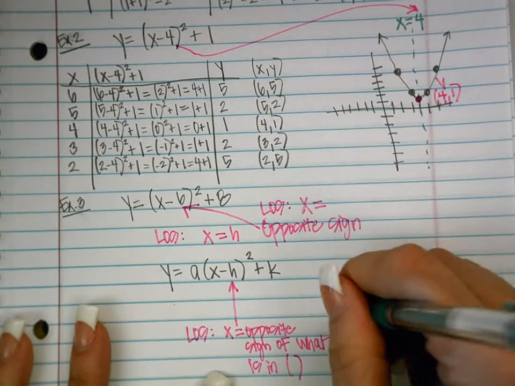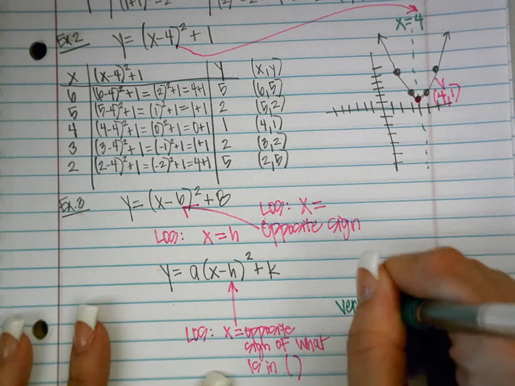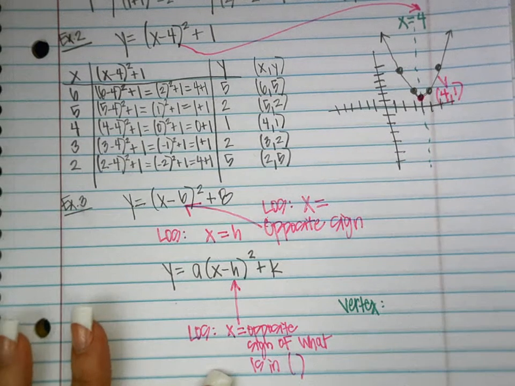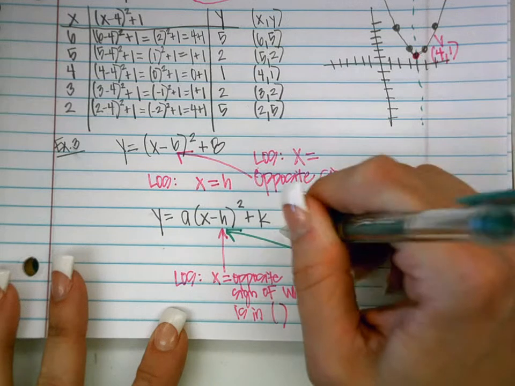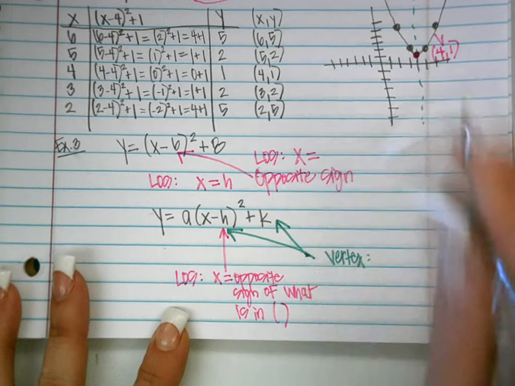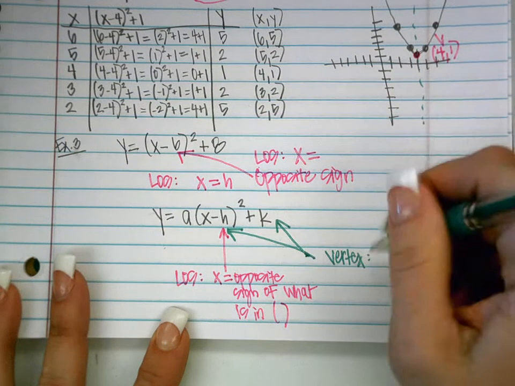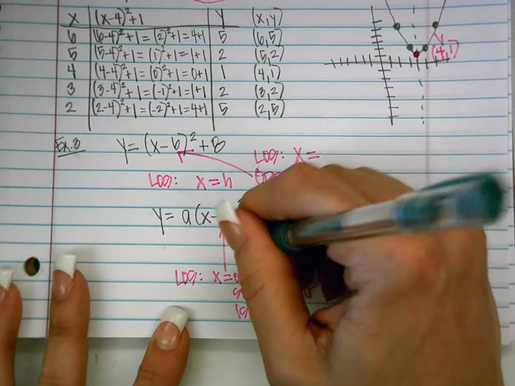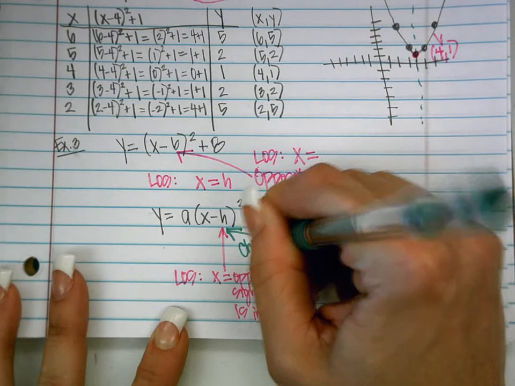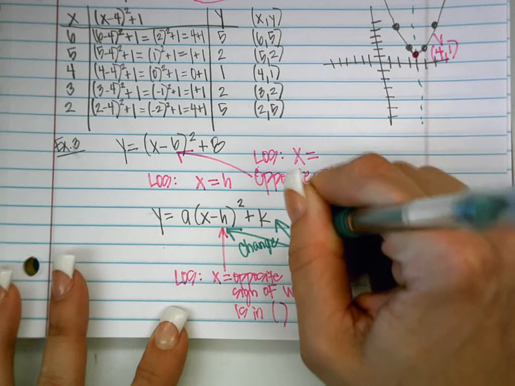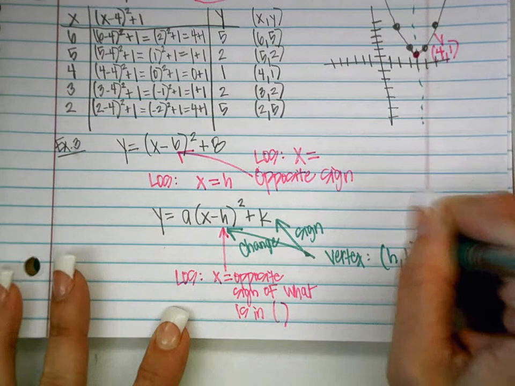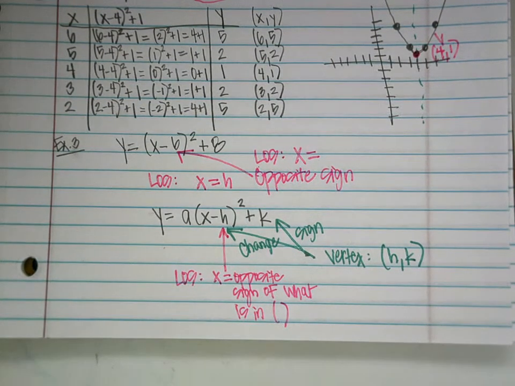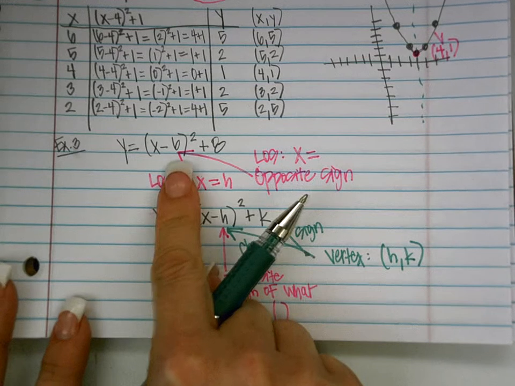The vertex can be found from the original equation if you keep the sign, or excuse me, change the sign, keep the sign. Vertex: change the sign, keep the sign. Okay, so your vertex is always (h, k), but the shortcut is basically to just change the sign, keep the sign.